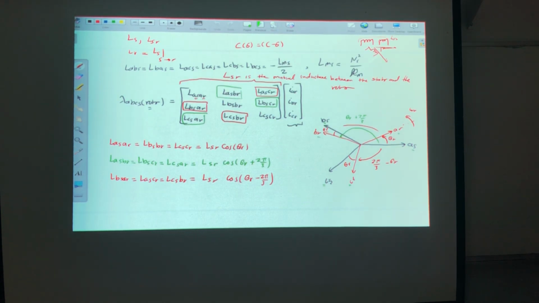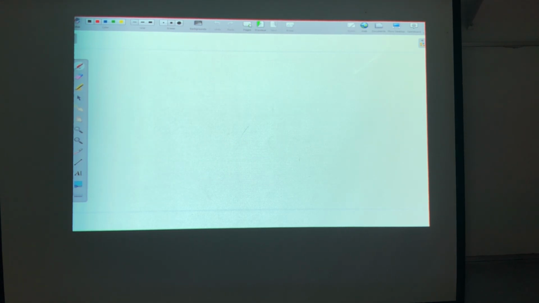Should I write it? Okay, let's try. To this end, the LS can be written as the LS plus LMS on the diagonal, correct?